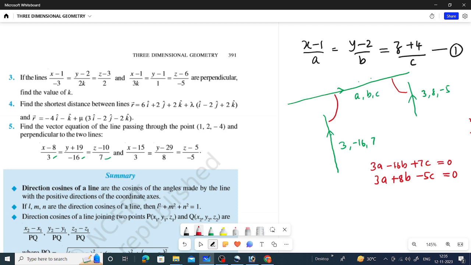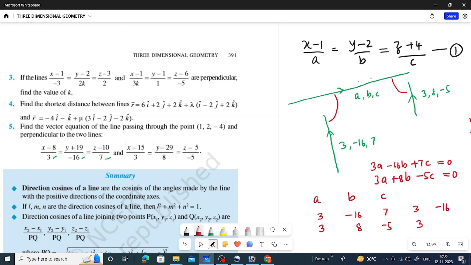Now what we do is we use another method. a, b, c, we write like this, and we write 3, -16, 7 here and 3, 8, -5 here. Once again we repeat 3, -16, 8, this is a kind of cross multiplication method.